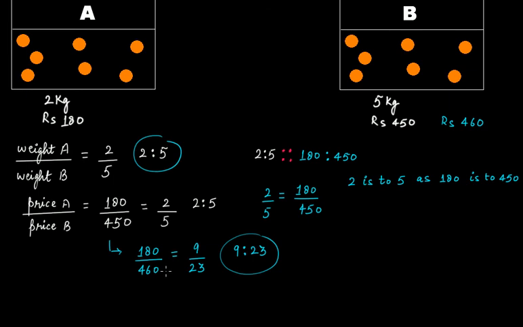It means the price per kg is different, and because of that, these two ratios are not in proportion. Why? Because we have changed the per kg price here. In the 460 case, the price per kg becomes different.